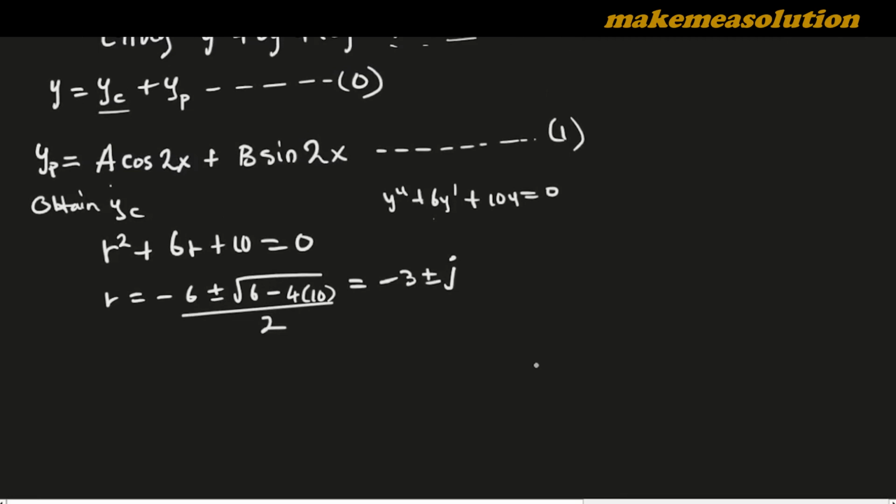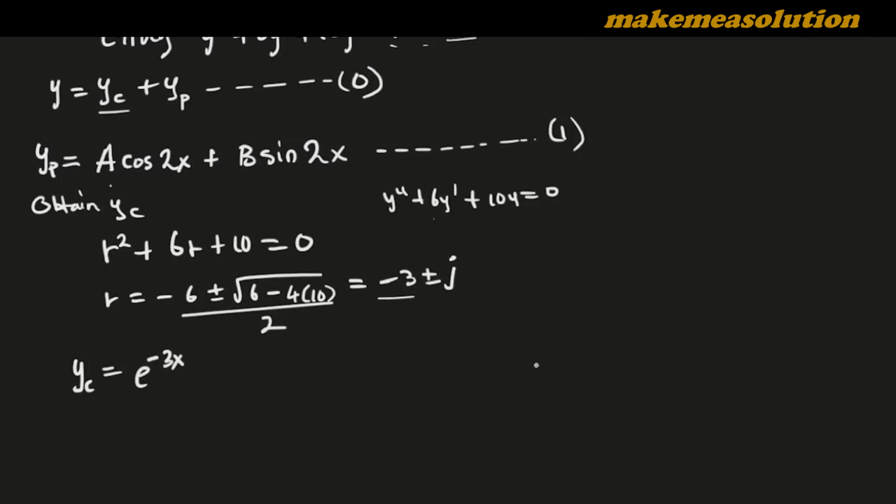So after getting the roots, your yc, according to the form of expressing complex roots, will have exponential negative 3x into c1 cos x plus c2 sine x. So sine 1x, and that one is coming from the invisible 1 standing in front of j. So this is the form of your yc, your complementary function.